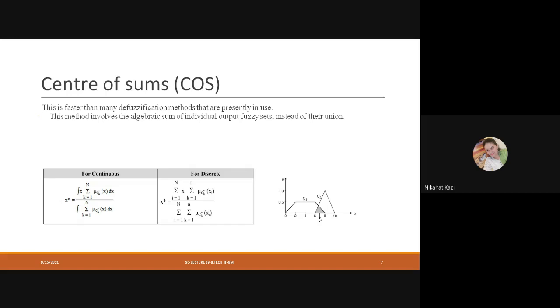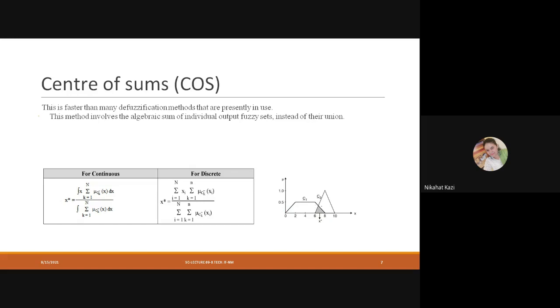So if you look at this particular area you're computing, this particular area you're computing separately. So individually, the fuzzy membership functions which are used, the area is individually computed. So here you are not wasting time.